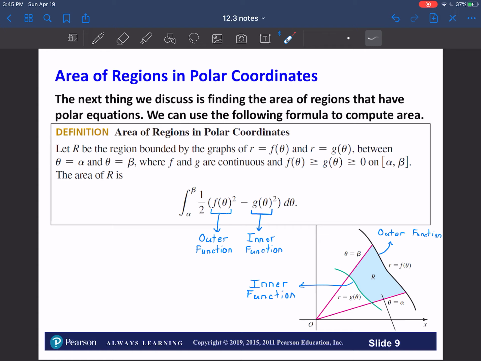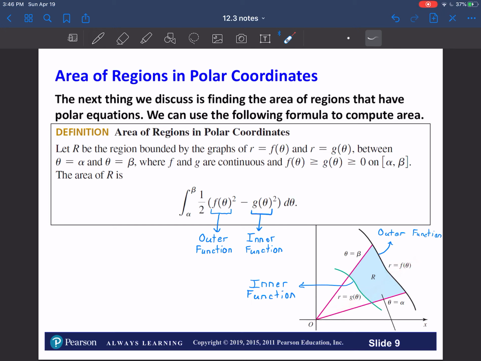So if I draw a line through my region, so this is my region R, the first function that I contact is g of theta. Therefore, g of theta is my inner function. So when I'm just about to enter my region, the one that I contact first is my inner function. The one that I contact when I am leaving the region is my outer function. So that's my f of theta.